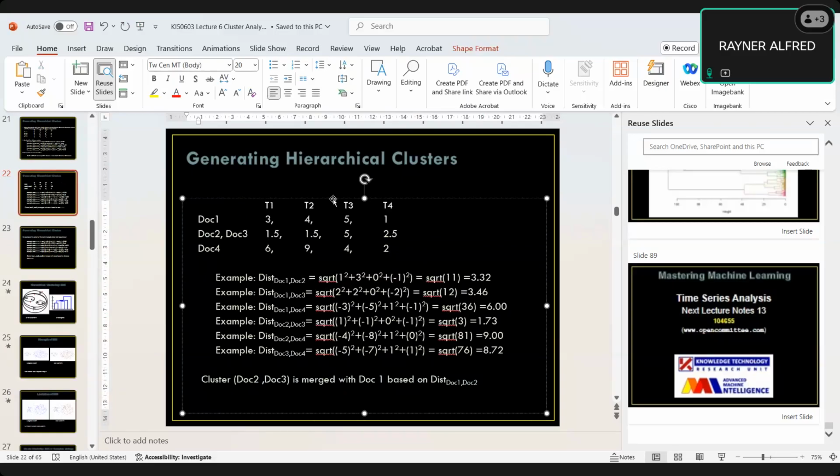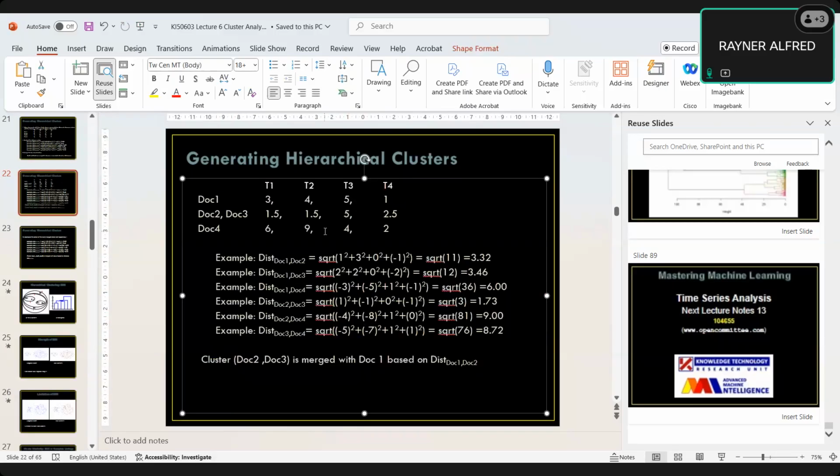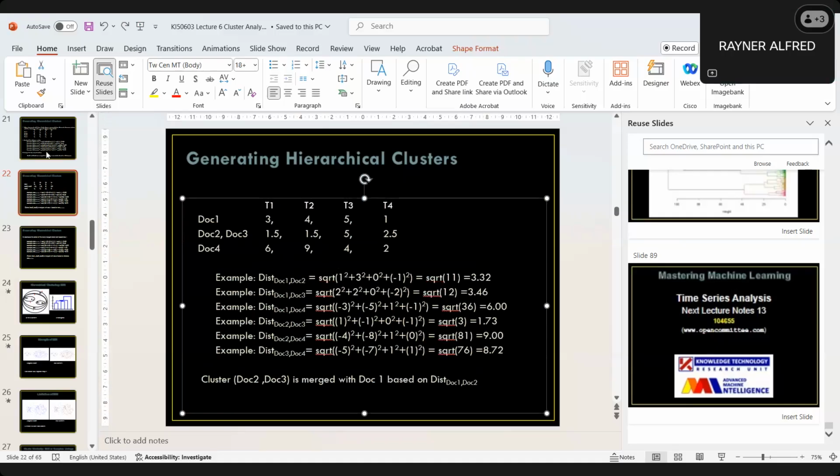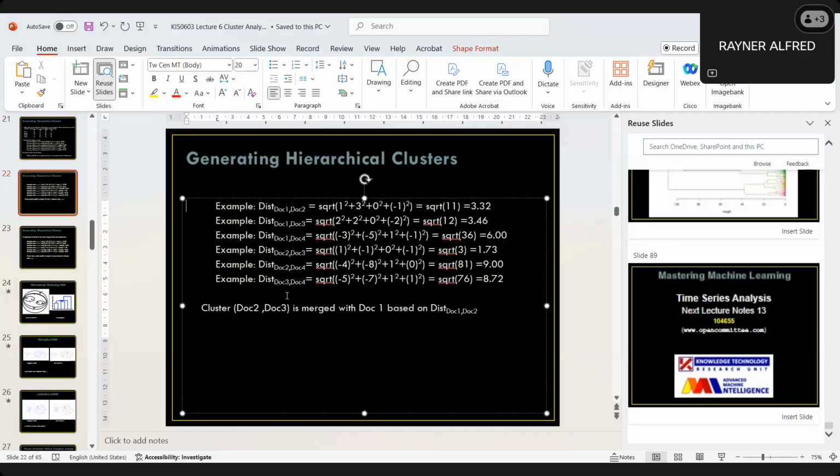So what happened to the distance here, 1 and 2? This one doesn't apply anymore. Oh, yeah, we still have to use this one. Sorry. Okay, so we still have to use this one. We will not use this one. So basically, let me use color.